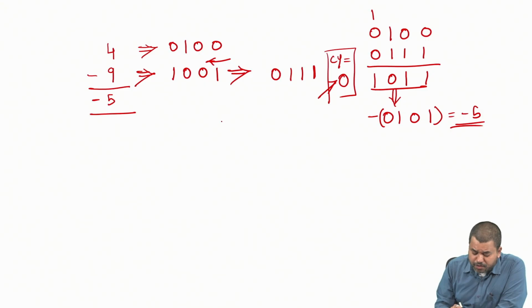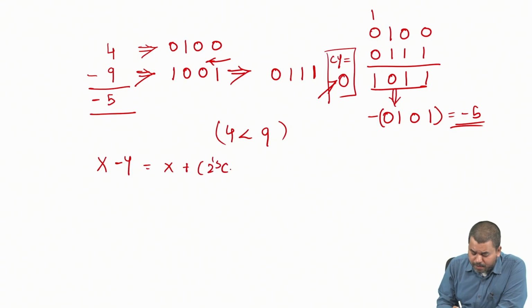is that the first number here, the 4, is less than 9. So based on these two results, what I can say, if I generalize this, if I perform the unsigned subtraction using x plus the 2's complement of y, if I get an end carry, I can tell that x is greater than or equal to y.